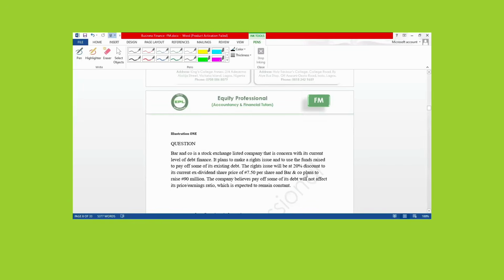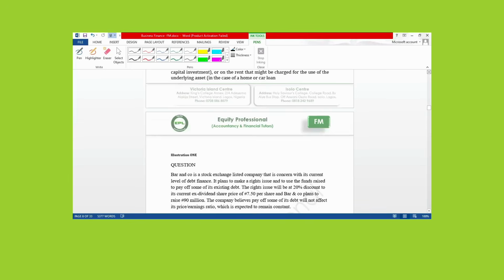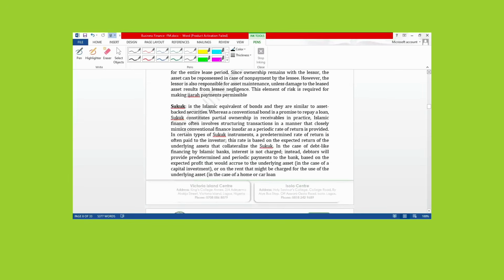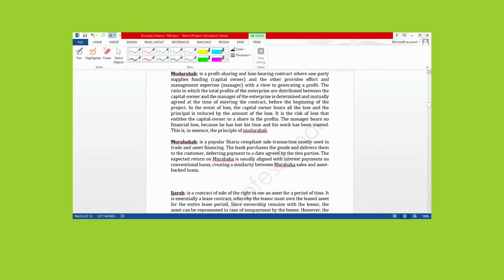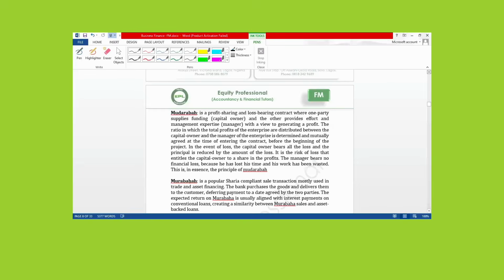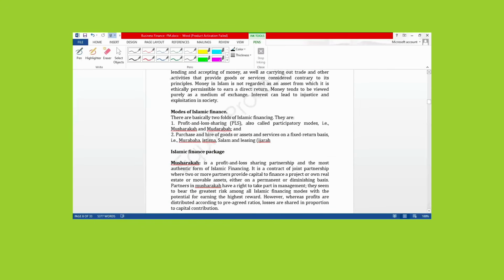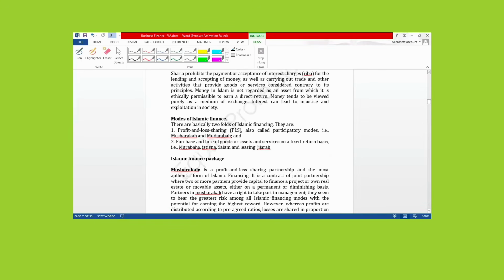All right. So let me quickly add, preference shares is also a source of financing, and it is long-term financing, a long-term fund.